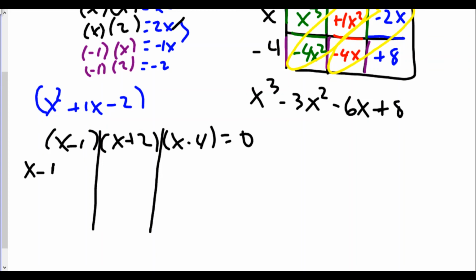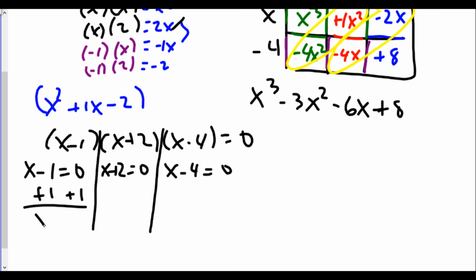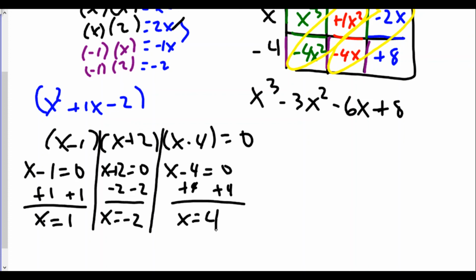So we know the whole thing goes to 0 if at least one of these is equal to 0. We add 1, so x equals 1, which is the value we found. Subtract 2, x equals -2. Add 4, x equals 4.